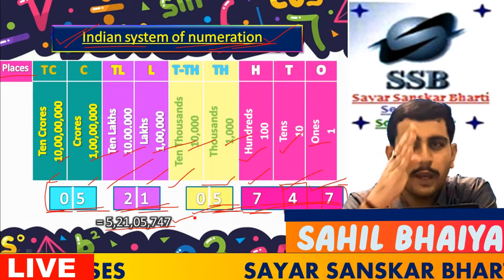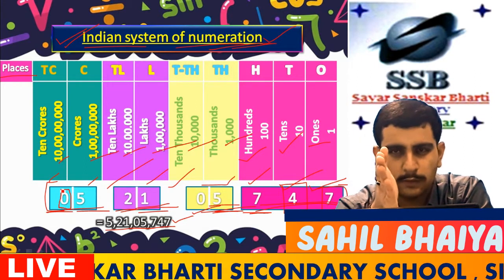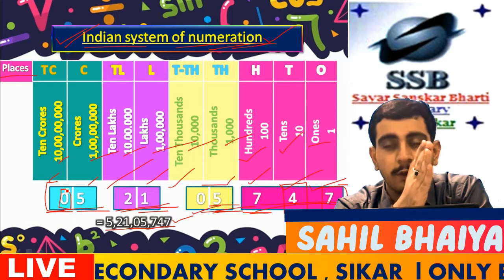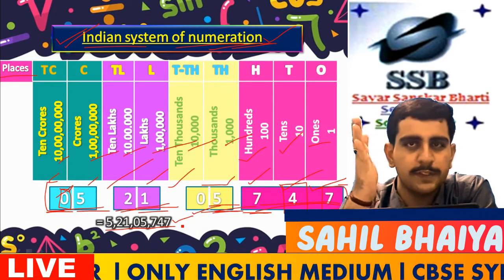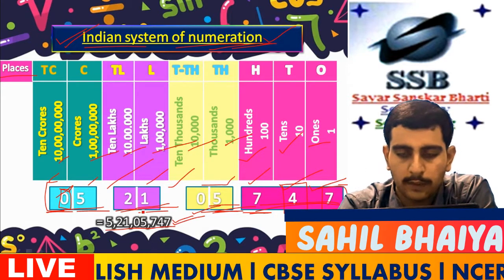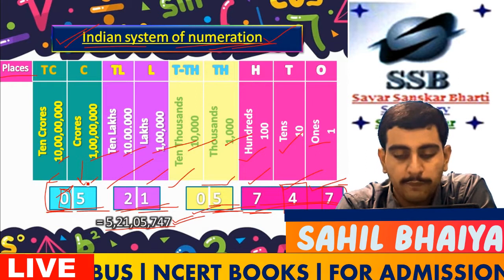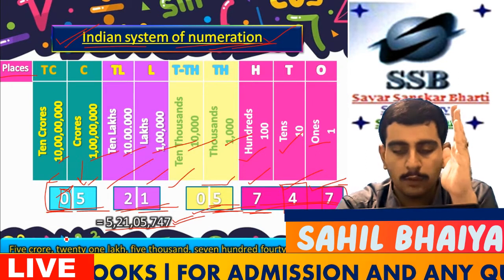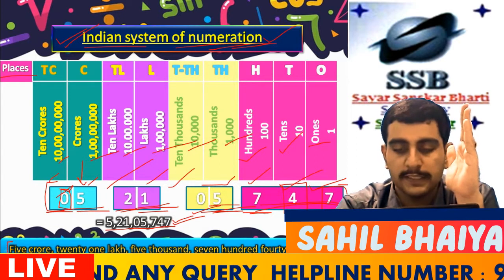Now we know that whenever 0 comes at the highest place, the number doesn't change. So the leading digit is 5, which is at the place of crore. So we write 5 crore. Then 2 is at the place of ten lakh and 1 at the place of lakh.